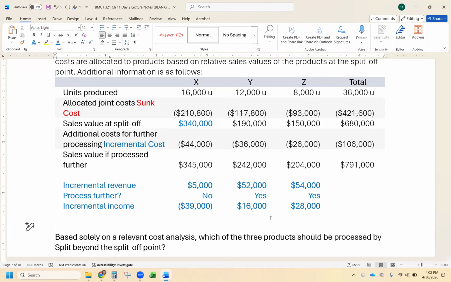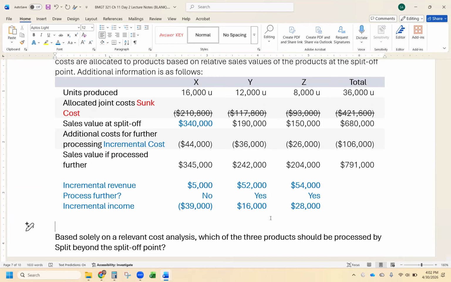So Y and Z. If you went to their store, you would be able to buy regular X and maybe regular Y and maybe regular Z. But if you wanted super X, they'd say there's no super X. If you want something super, you have to get super Y or super Z, because making super X is too expensive, so we don't make it. We only make super Y and super Z. So that would be our decision.